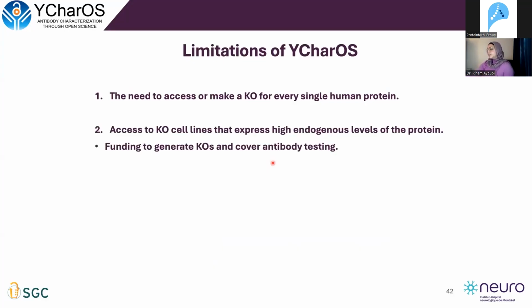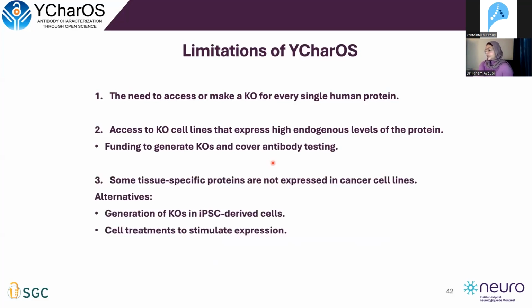There is the challenge of accessing cells with high endogenous expression, knowing that some proteins are very tissue specific and may not be expressed in cancer cell lines at steady state levels. This limitation may sometimes be overcome by using iPSC cells or inducing expression with cell treatment.